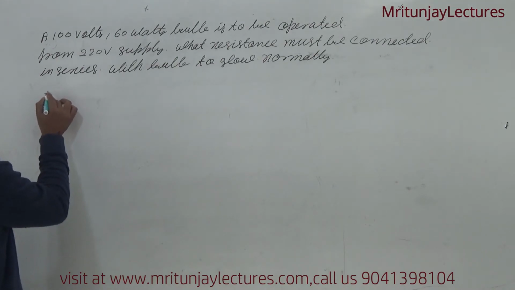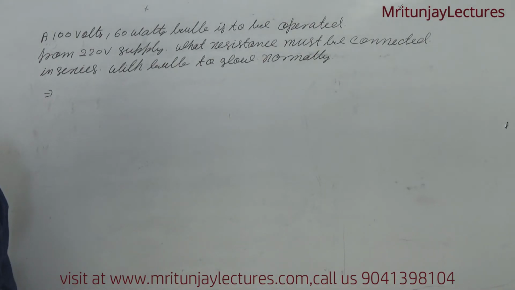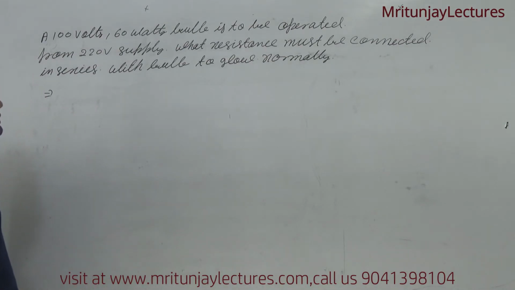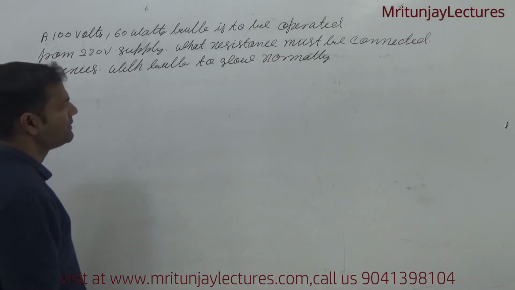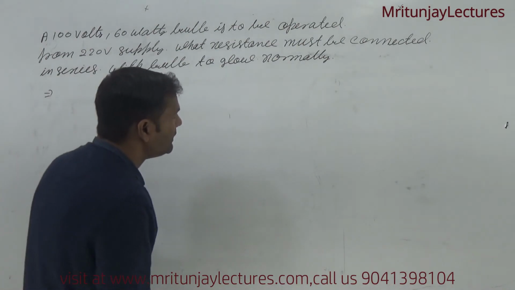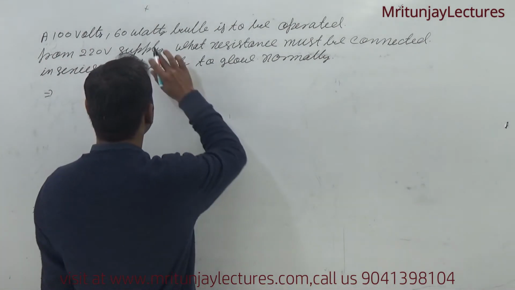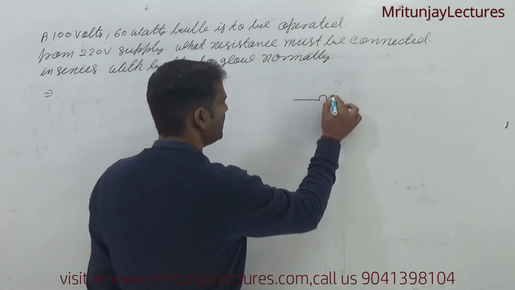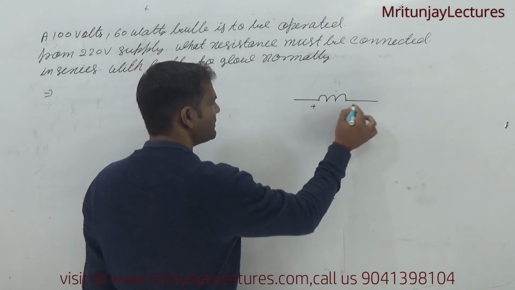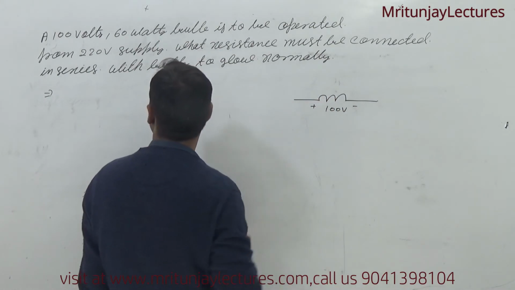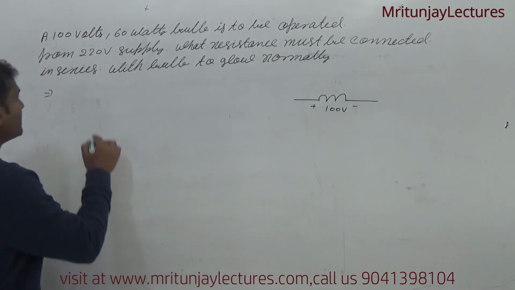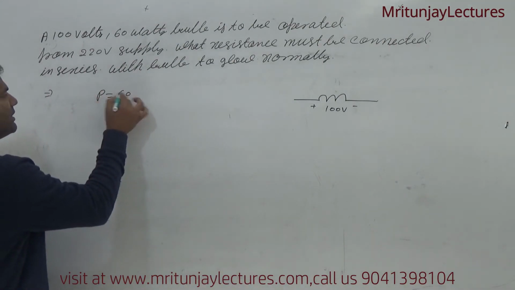Now corresponding to the question: a 100 volt, 60 watt bulb is to be operated from a 220 supply. According to the question, we have a bulb like this one, with voltage 100 volt applied, and power P is 60 watt.